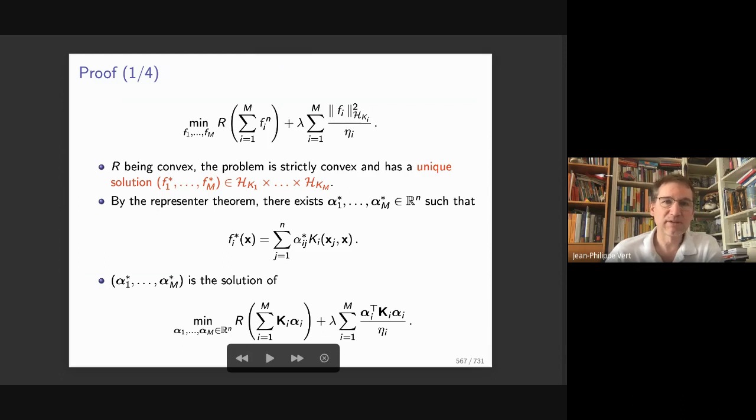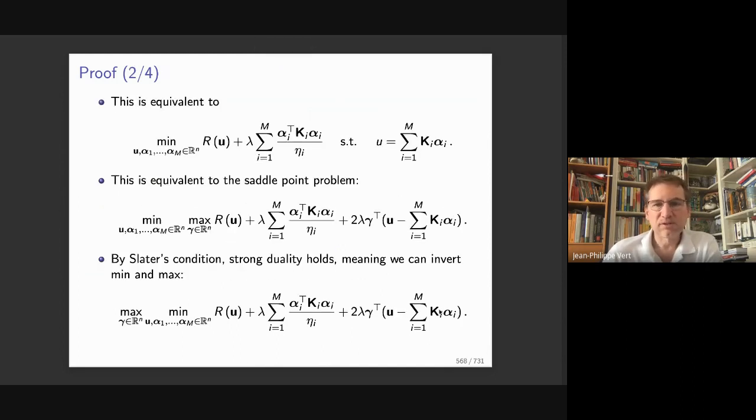We just replace fi by Ki alpha i, this is standard, and we replace the squared norm in the RKHS of fi by alpha i transpose Ki alpha i. And now we just need to solve this problem in alpha, which is a finite dimensional optimization problem, strictly convex.